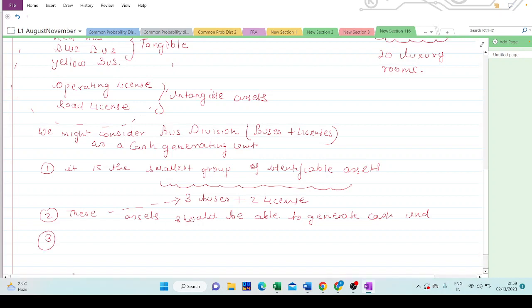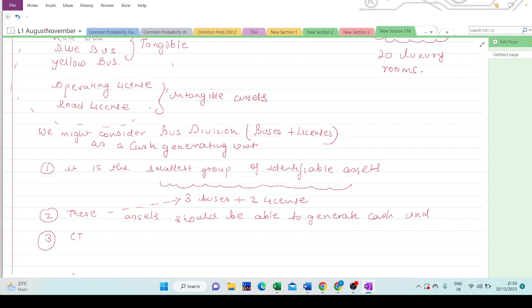And the third part of the definition is that the cash flows of the smallest group of identifiable assets should be largely independent of the cash flows generated by the other assets, right?